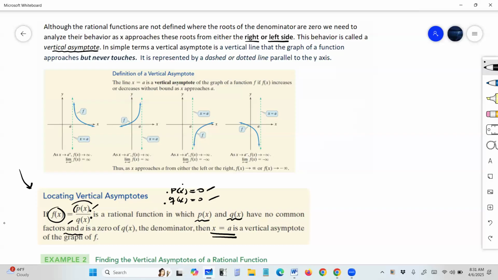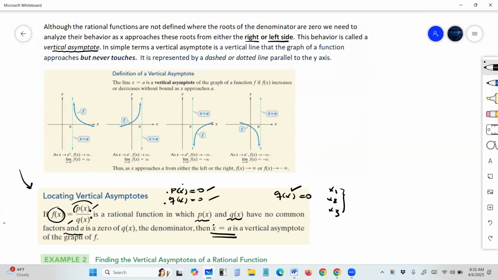Now, I know the definition is a little bit weird. It's not just that we set q of x to 0 and solve for x. We have to set q of x to 0, solve for x, find all of the possible roots, and then make sure that these are also not the roots of the numerator.